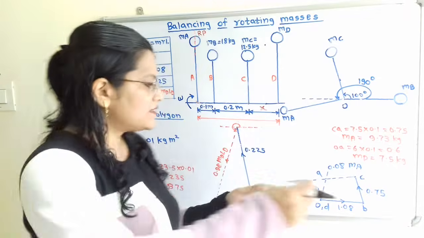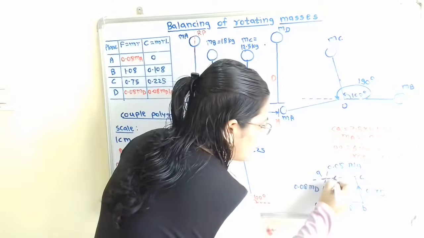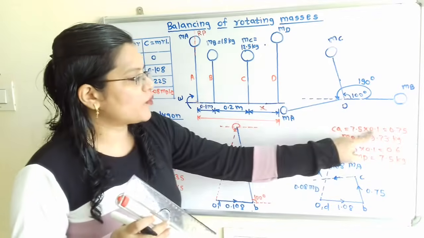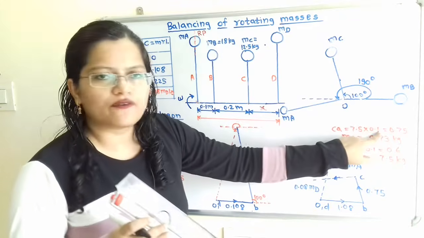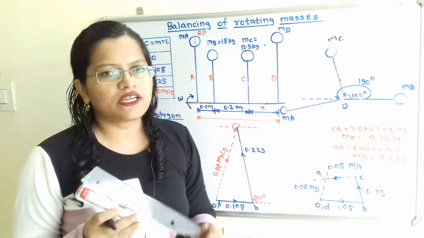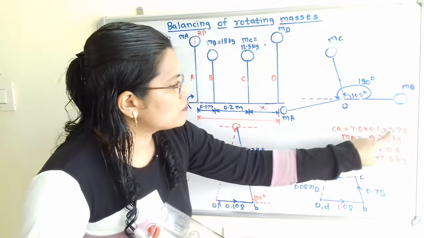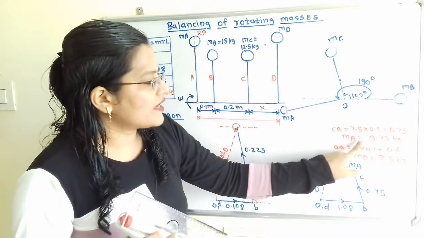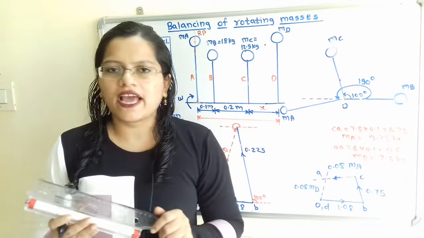Now this distance CA is equal to 7.5 centimeters. So I will show arrow also, and we will multiply with scale, that is 0.1. So this 7.5 centimeter into 0.1 kilogram meter, which is equal to 0.75 kilogram meter. So it's 0.08 MA is equal to 0.75, and that's why MA, that is the mass of A, is equal to 9.73 kilogram, and this is the answer.